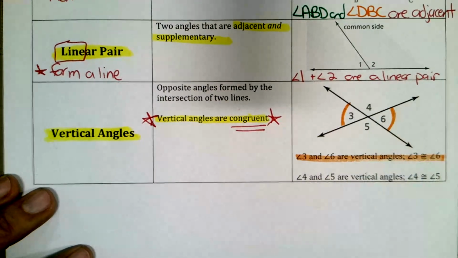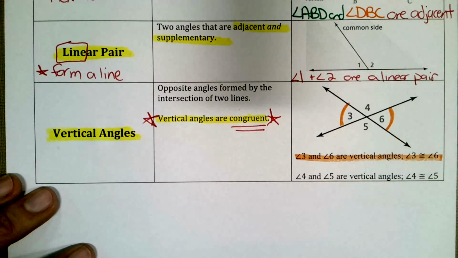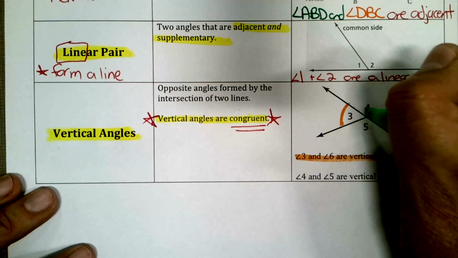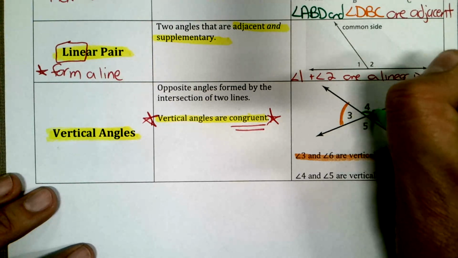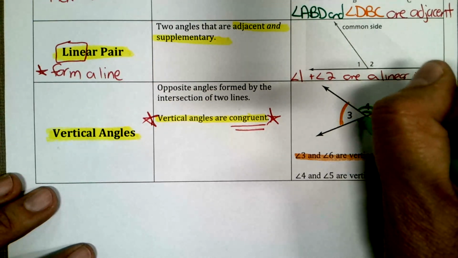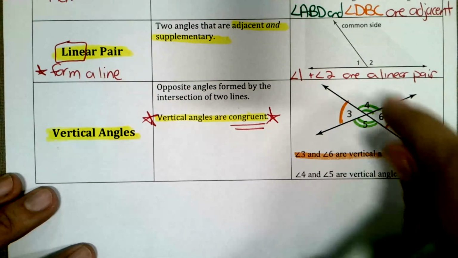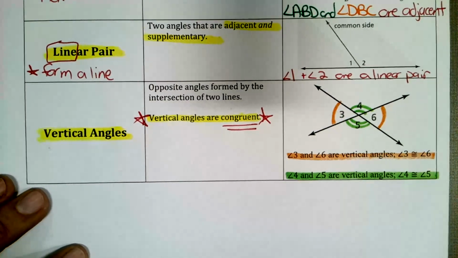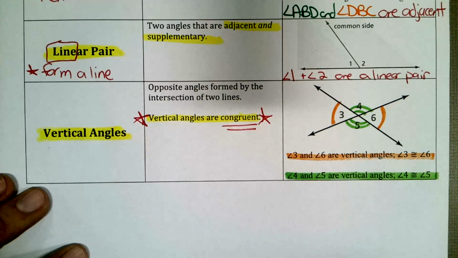And we have one arc mark in each showing that they're congruent. So the other pair of opposite angles here would be 4 and 5. So what I'm going to do is do 2 arc marks, because we already used 1, so we can go to 2. So angle 4 and angle 5 would be vertical angles, and then they have to be congruent.